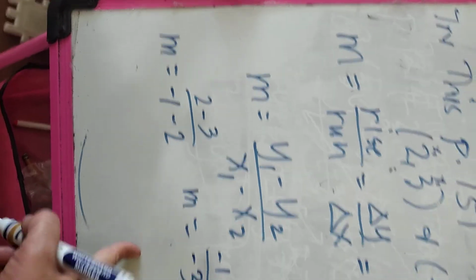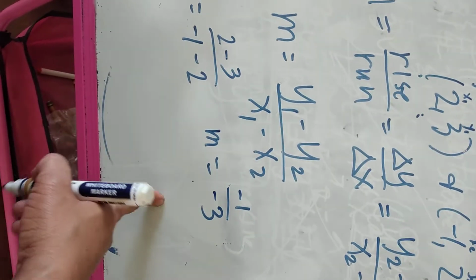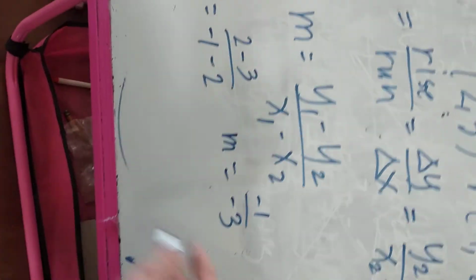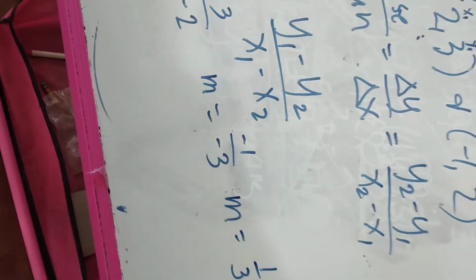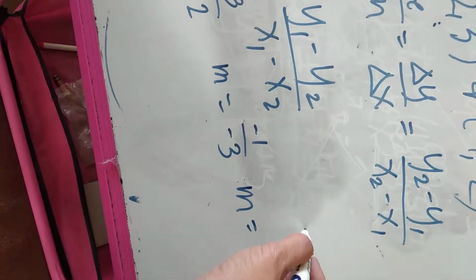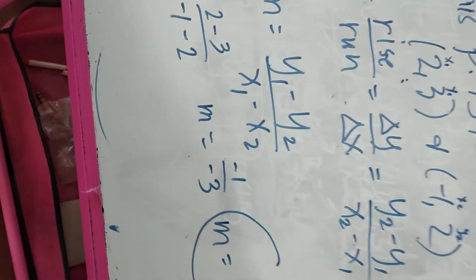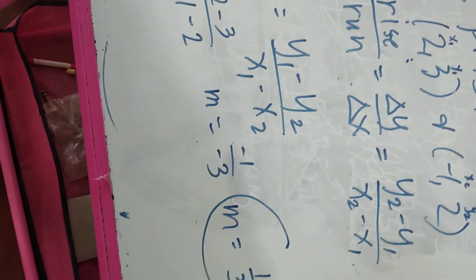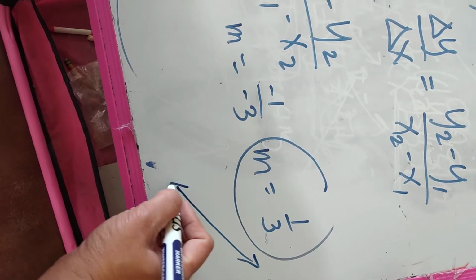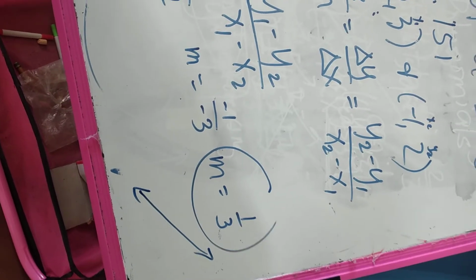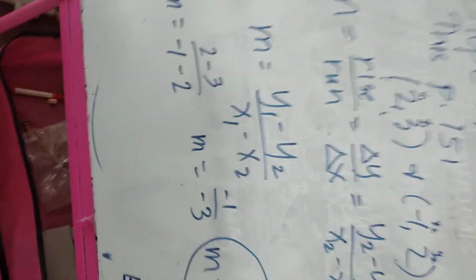See, the numerator and denominator are both negative, so to simplify, your slope is positive 1/3. Without graphing, can you tell the direction of your line? Yes, your line is rising to the right, because the slope is positive.